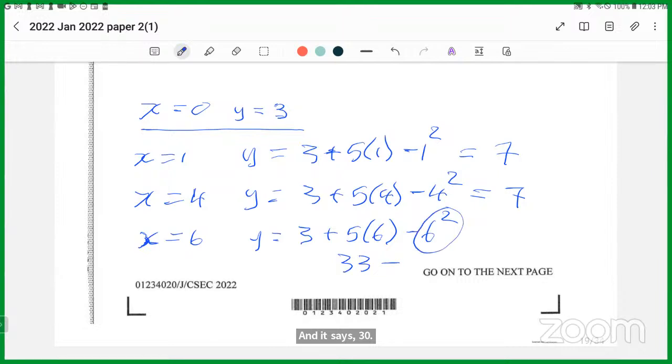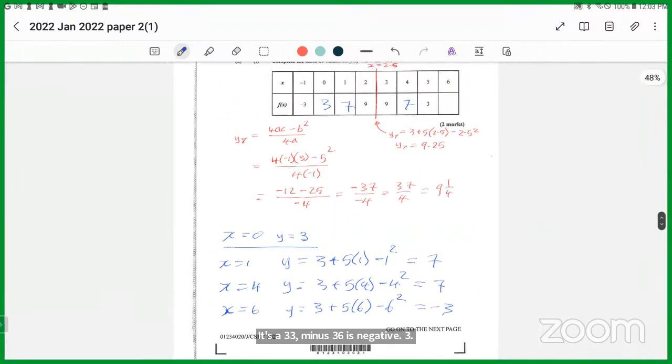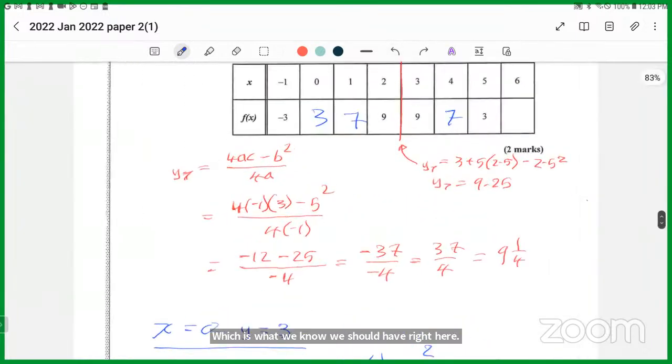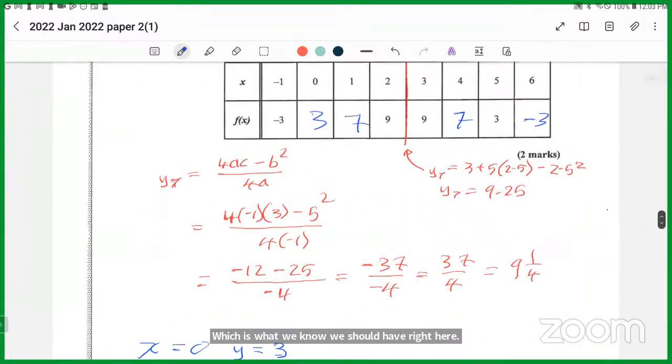Minus 6 squared is 36. So 33 minus 36 is -3, which is what we know we should have right here. But as I said, we did not have to work it out. But that is it. We have completed the table.